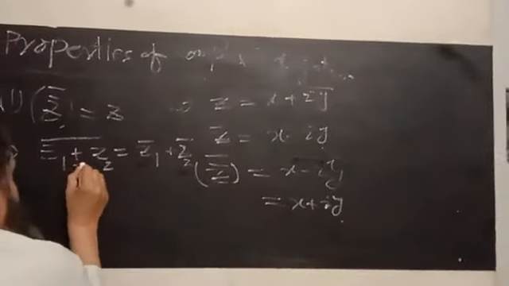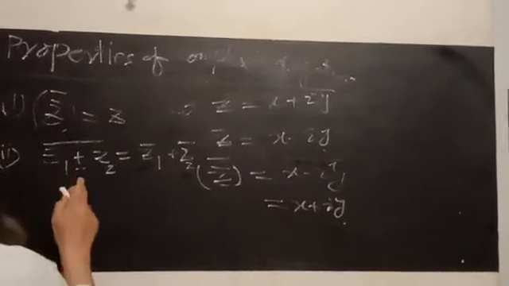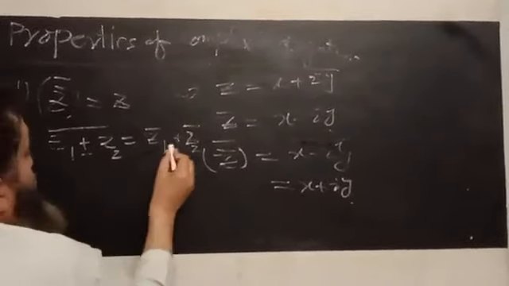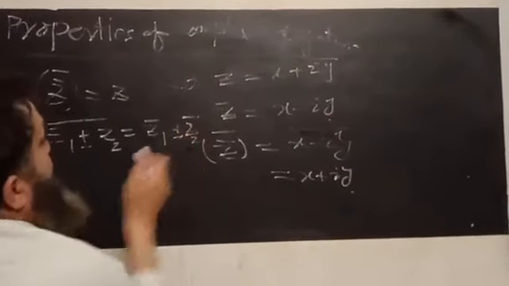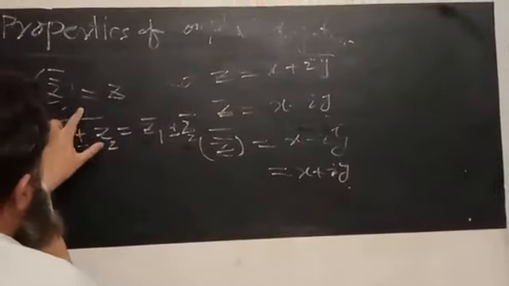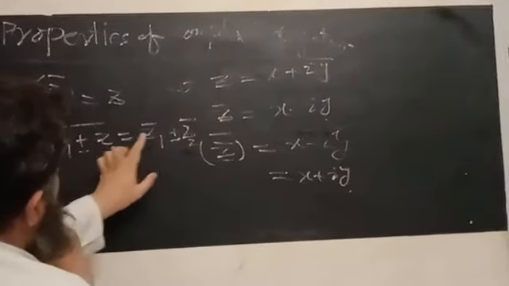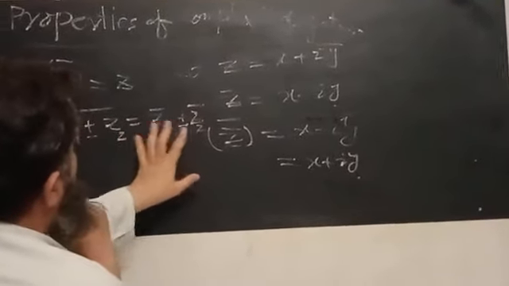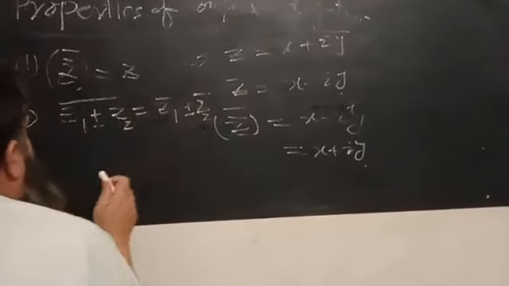Similarly, for minus, z1 minus z2 whole conjugate will be equal to z1 conjugate minus z2 conjugate. तो इसका मतलब ये है कि पहले आप प्लस करें और फिर conjugate लें, या पहले आप conjugate लें और फिर प्लस करें या माइनस करें, आंसर दोनों में सेम आएगा.